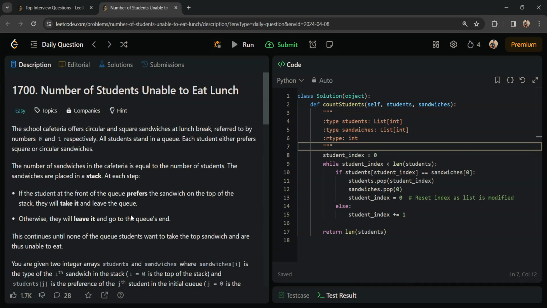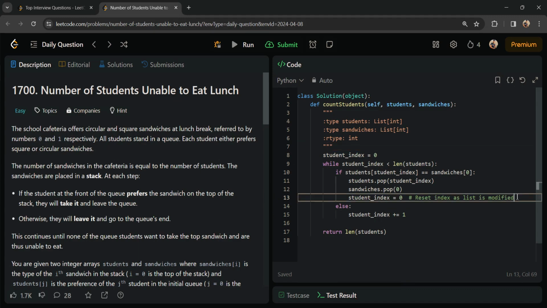The method of solving the question is using a stack and an array, and it is an easy question. Firstly, I solved the question using the stack and array directly, but I had a problem with index out of range, because I was using a for loop for the length of the students and directly comparing student i to sandwich i.